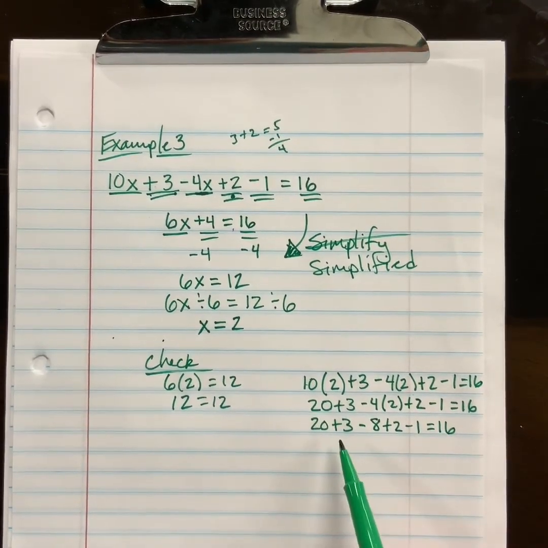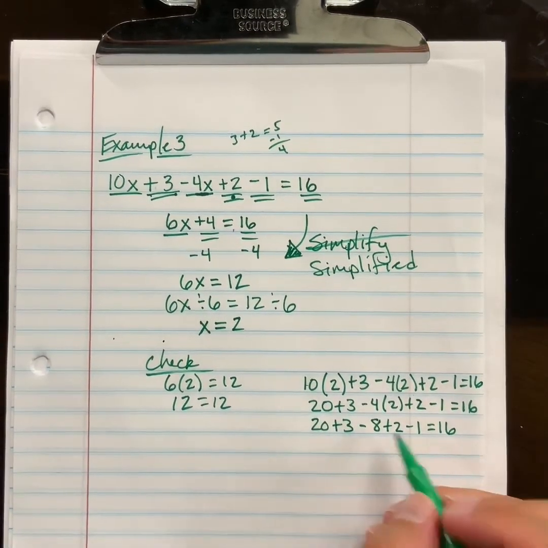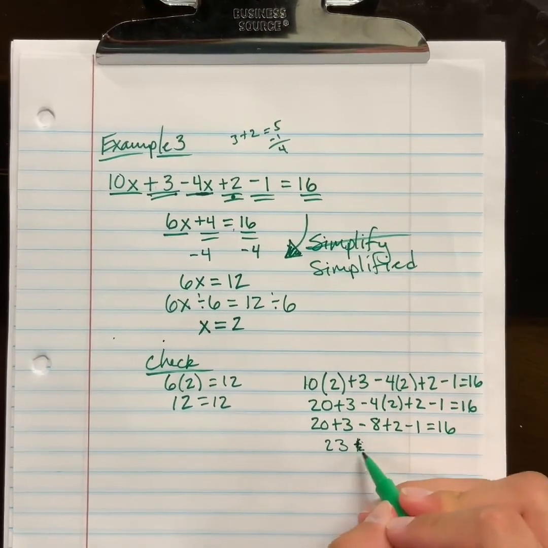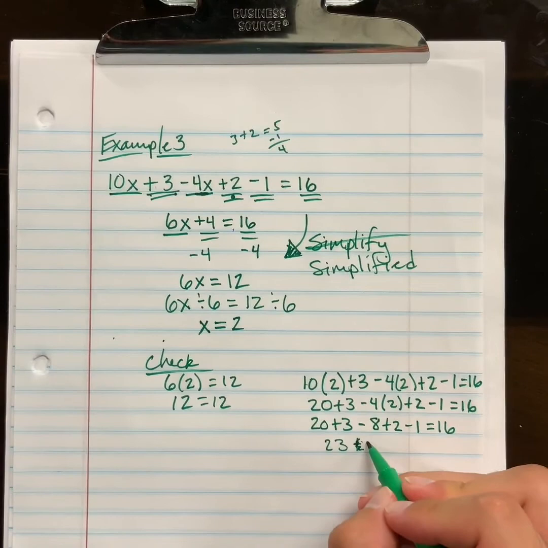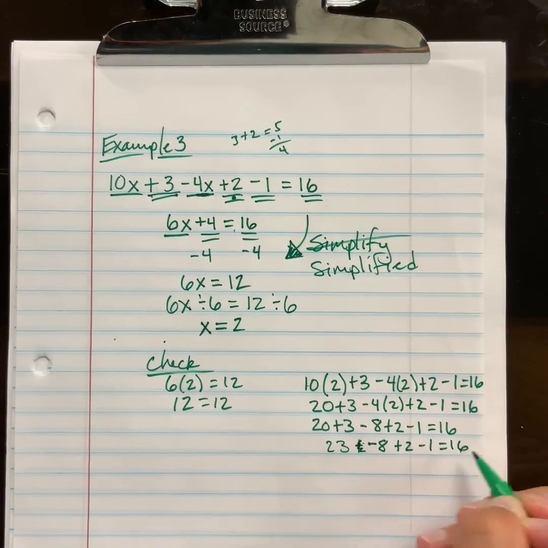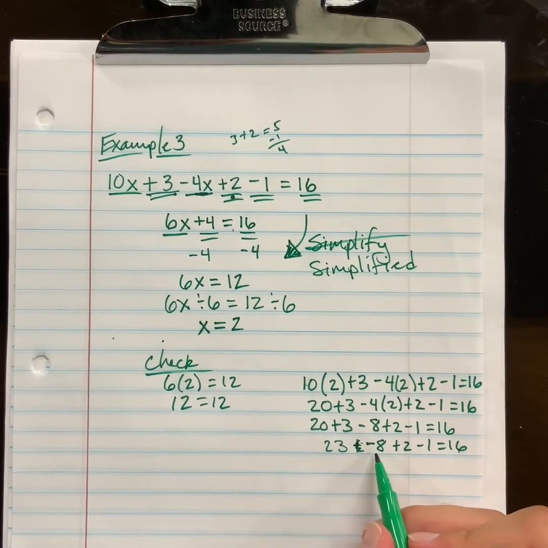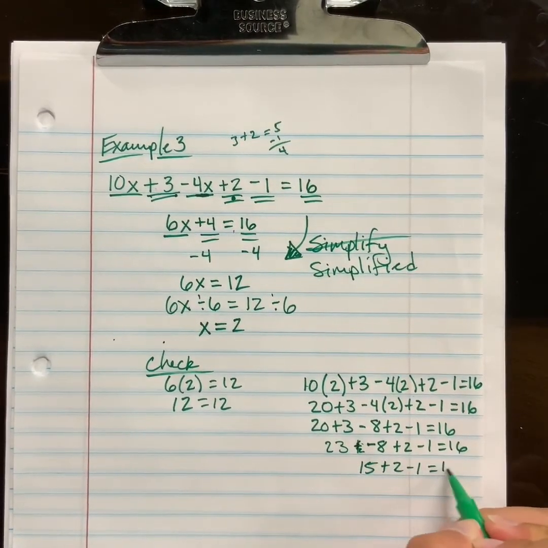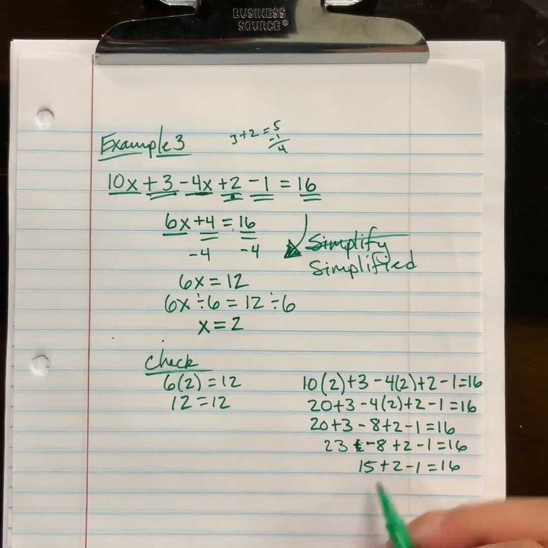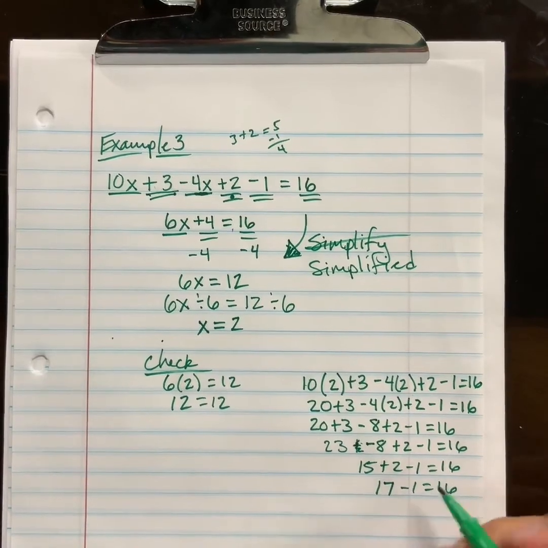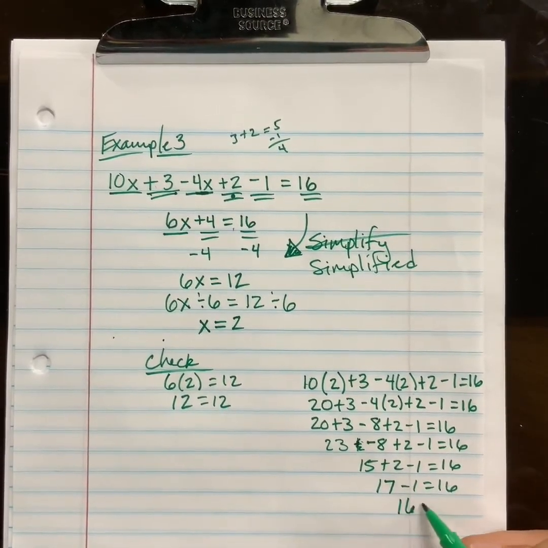And then we're going to do addition and subtraction, just left to right. 20 plus 3 is 23. Oops, I made a mistake there. Happy accident. Minus 8 plus 2 minus 1 equal to 16. 23 minus 8, that's 15, plus 2 minus 1. 15 plus 2 is 17, minus 1 is equal to 16. 17 minus 1 is 16.